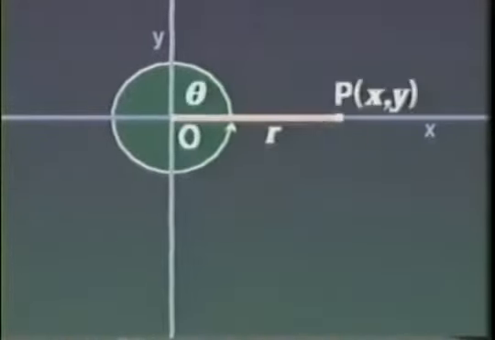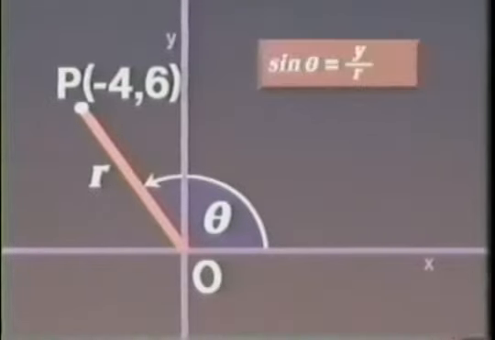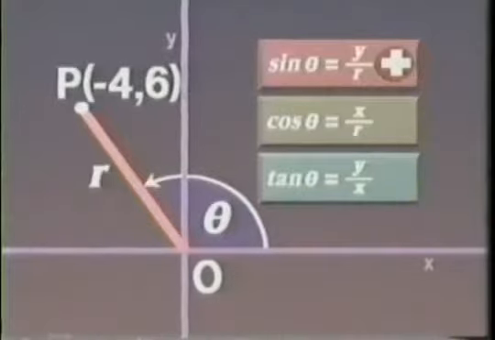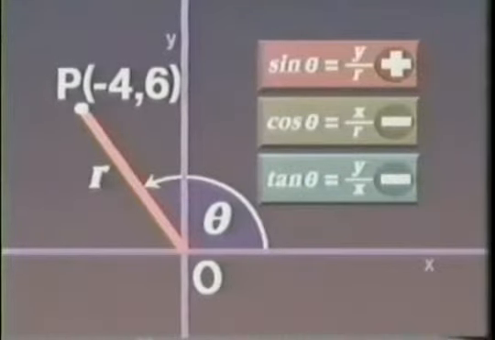We can also find r when theta is 270 degrees, or 360 degrees. While r is always positive, the trig ratios can be negative. For example, in quadrant 2, sine is positive, but cos and tan are both negative.